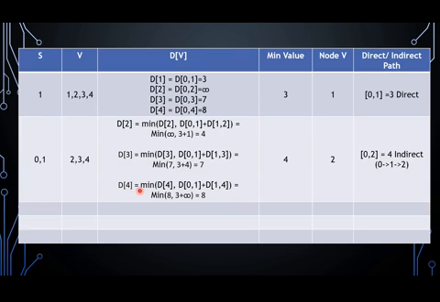Next, coming to d of 4, minimum of d of 4 from the previous step, comma, minimum value of the previous step plus d of 1 comma 4, distance from the new source 1 to 4. So d of 4 from the previous step is 8, minimum value from the previous step is 3, d of 1 to 4 is infinity.